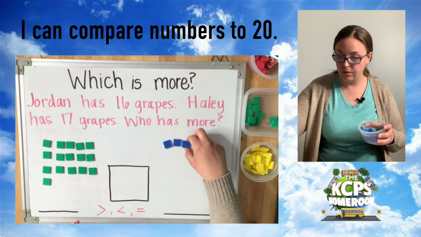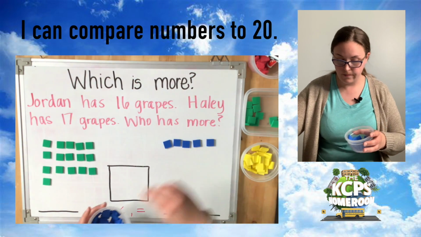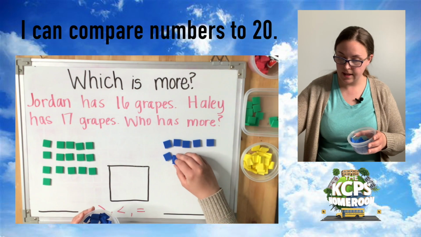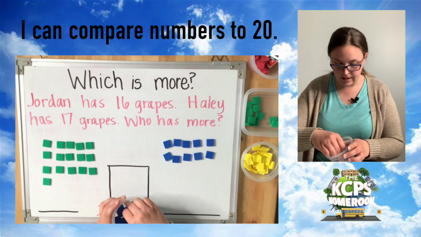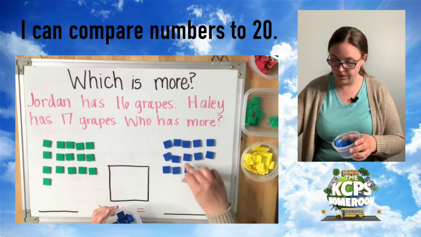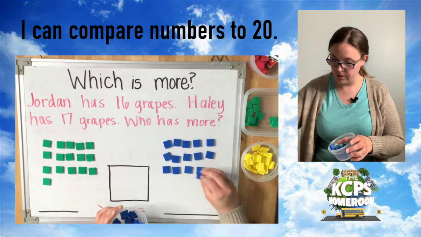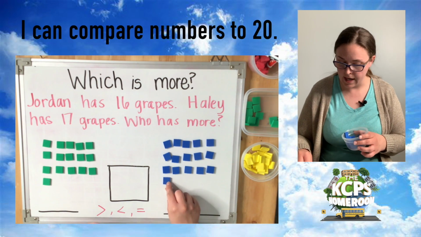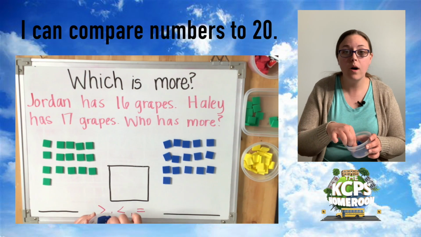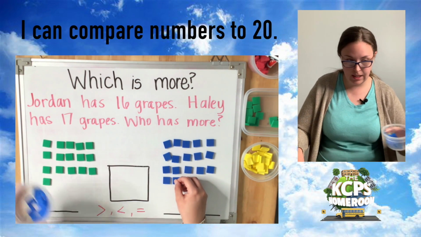1, 2, 3, 4, 5, 6, 7, 8, 9, 10, 11, 12, 13, 14, 15, 16. That's how many Jordan had. And I'm going to put one more, 17.